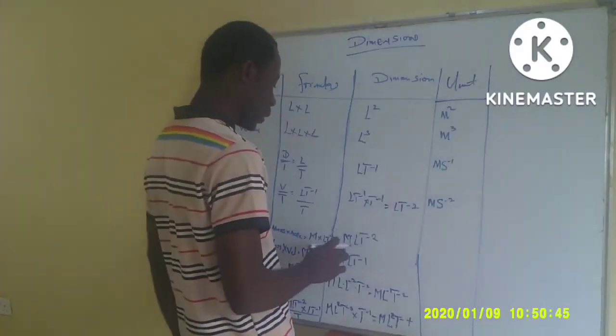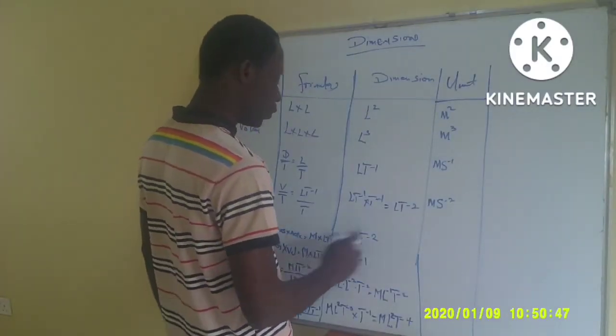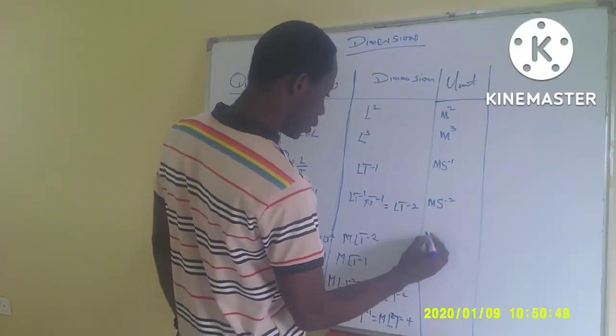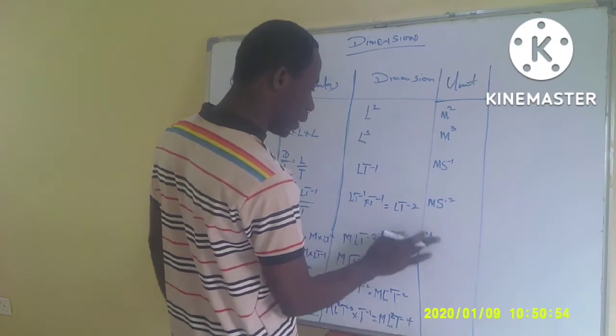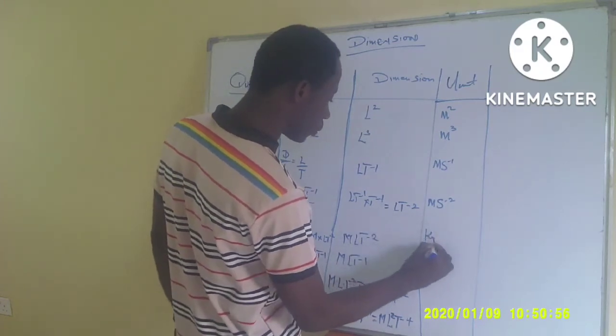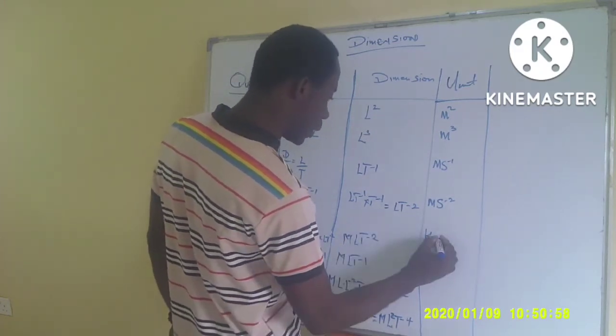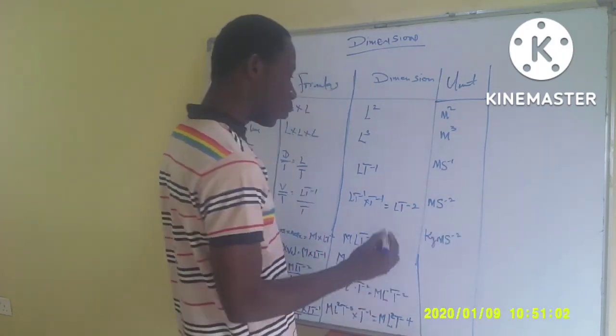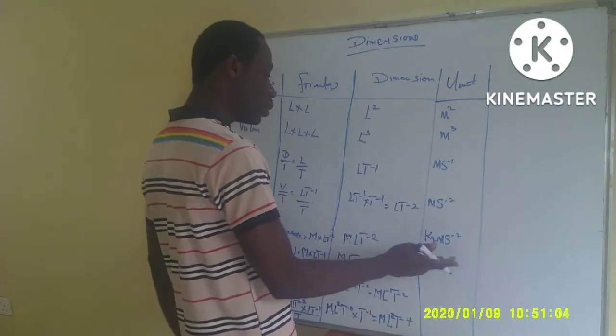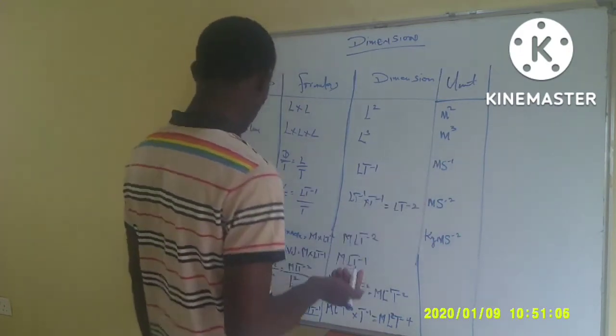Do you see now? Then that of the force now, M is kilogram. So kilogram meter per second squared. We can also say this is the unit for force.